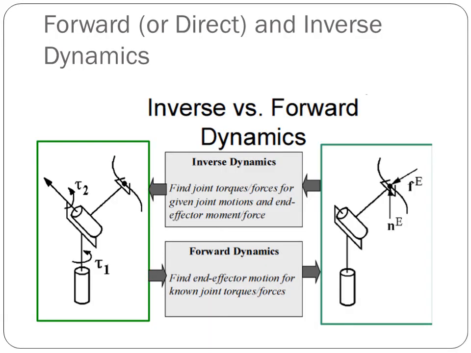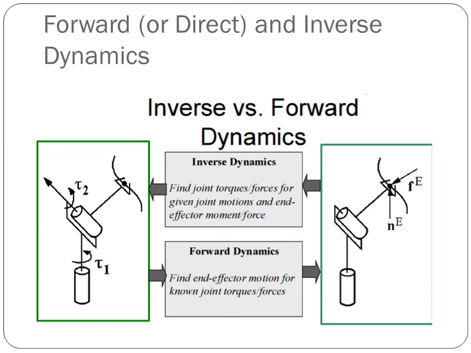Okay, so if you are talking about the dynamics portion, here we have to consider the forces, torques or moments, right? This is also divided into forward and inverse dynamics. So inverse dynamics means we have to find joint torques and forces for given joint motions and end effector moment forces.